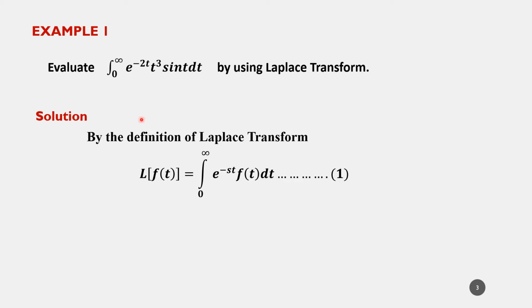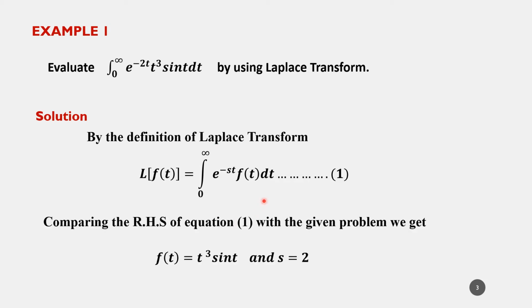So what we have to do is compare this given integral with the definition of this Laplace transform. So when we compare the right hand side of equation 1 with the given problem, we can write f of t is equal to t cube sine t, and s is equal to 2.